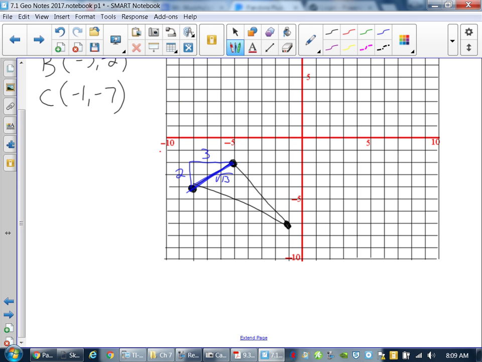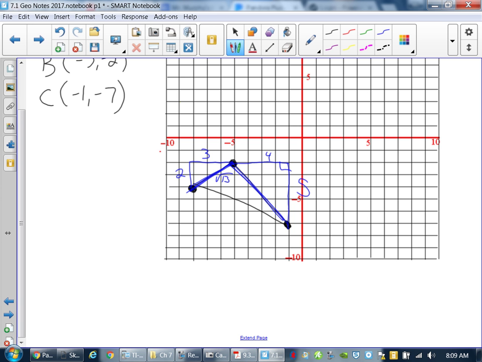I do it again. I go over 1, 2, 3, 4, and down 1, 2, 3, 4, 5. I've made another right triangle. This becomes a hypotenuse. 4 squared plus 5 squared, well, 16 and 25 is 41.